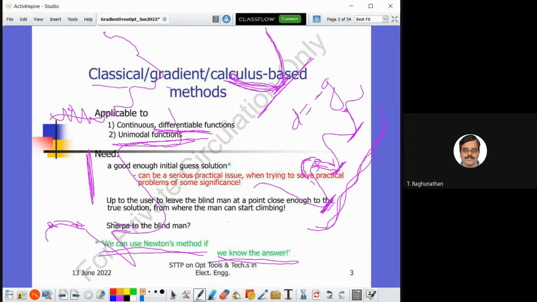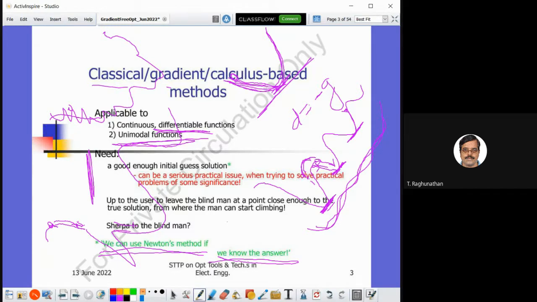But when we don't know, we don't know how to use it. So you might ask, then how do we use Newton's method? Now and then it also works. How does it work? We try different initial guess solutions. Sometimes it will work, sometimes it will not work. By repeated trial and error, we solve the problem.